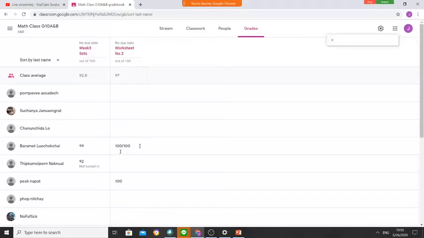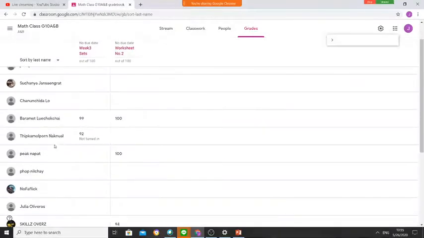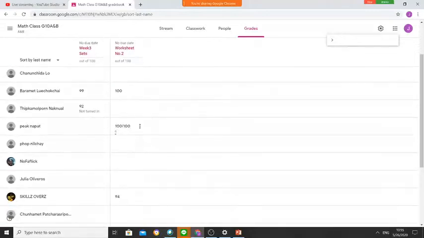Some of you are complete. Some of you don't have worksheet number 2, so check your Google Classroom. But you have worksheet number 3; you did not turn it in, but I checked it, I saw it. Some have number 2 but did not do number 3.